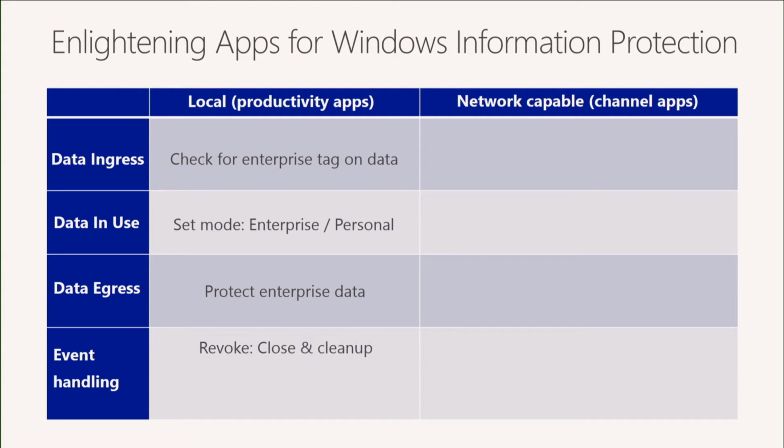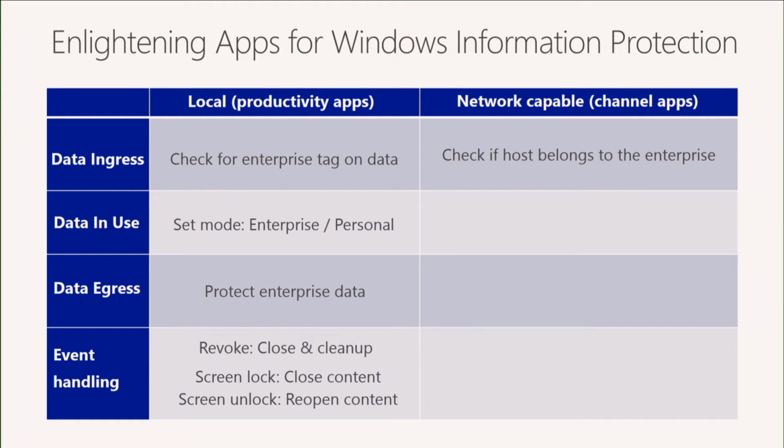Maybe you've got some configuration data associated with this work account. If you are doing data protection under lock, you register for the events for when the screen is locked and when it's unlocked. On the network side of things, you check to see, is that host enterprise? If it is, well, then you need to set context in order to access that.